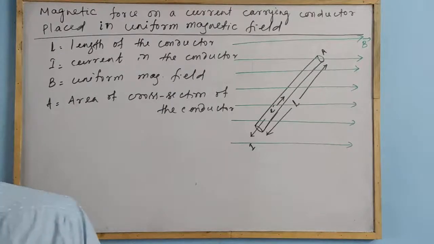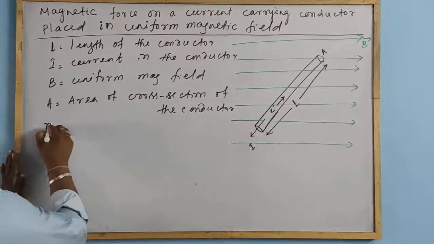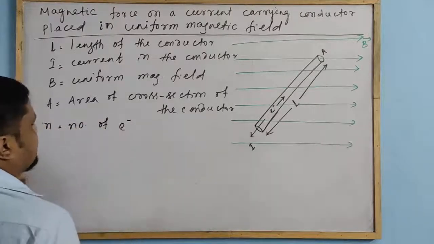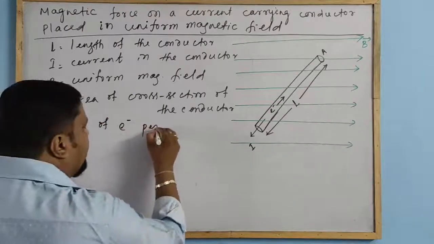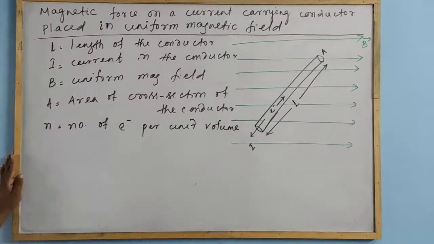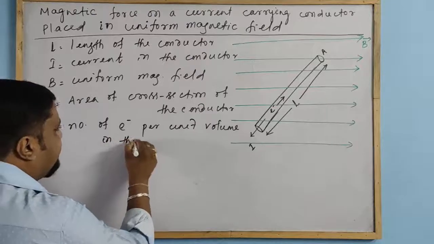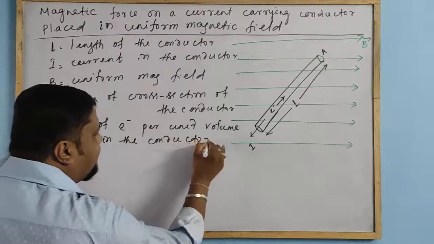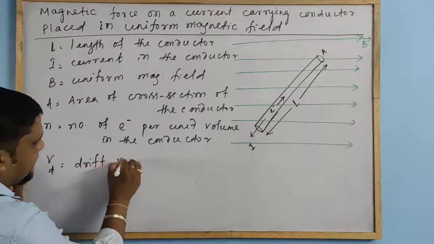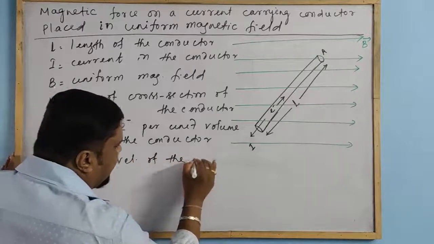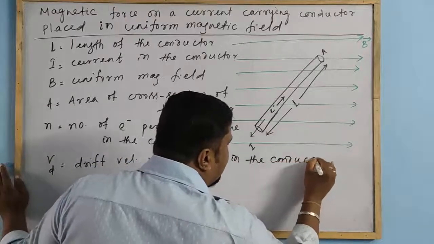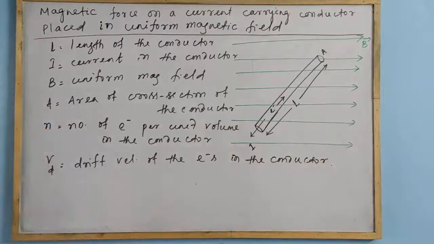Now, as you know, let n be the number of electrons per unit volume in the conductor, and vd the drift velocity of the electrons in the conductor because of the current.